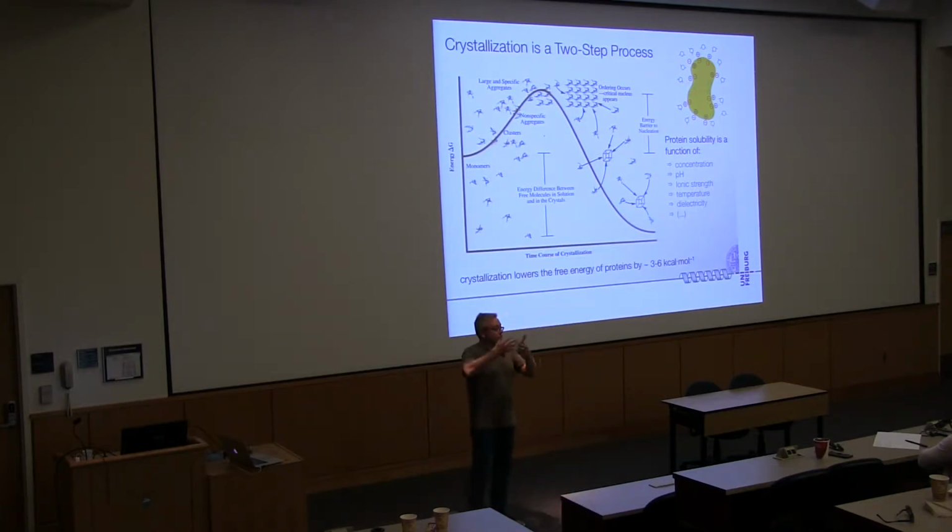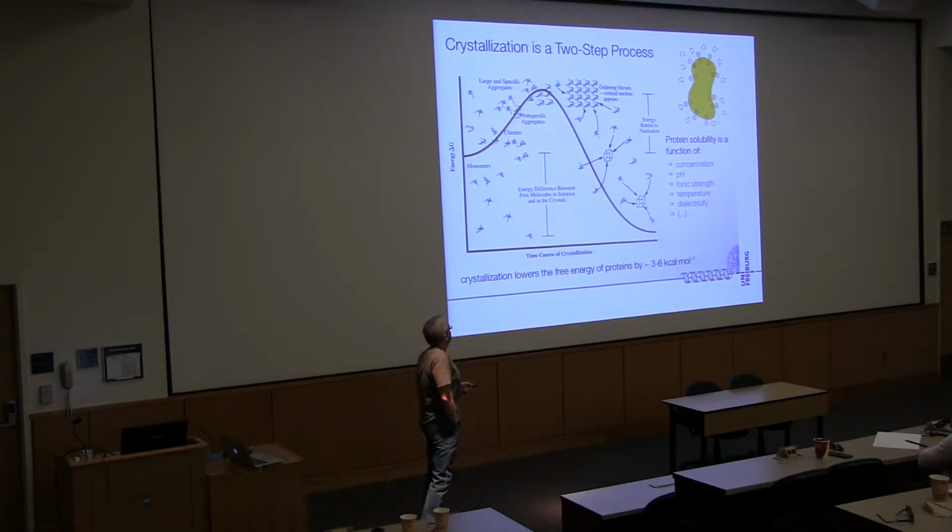And there can be some mutual equilibration of charges on the surface and whatever. So in essence, you will gain entropy by releasing water molecules that were forced into an ordered hydration shell. And that is what actually drives the process.